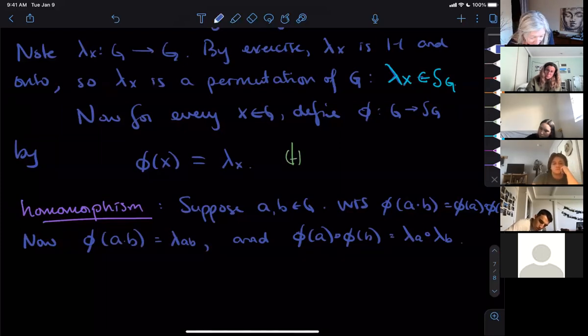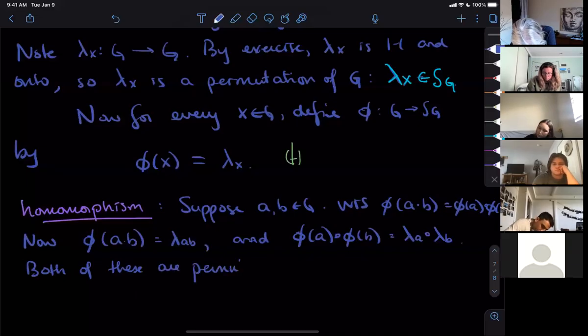I want to show these are the same function. Both of these are permutations. Want to show they are the same function.